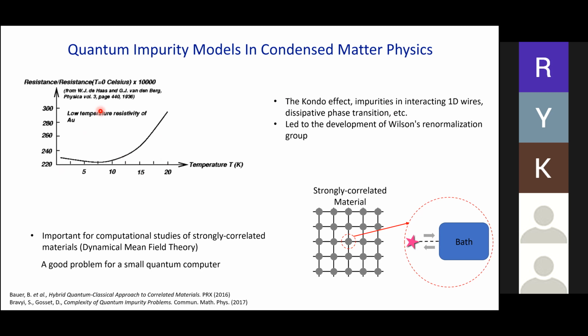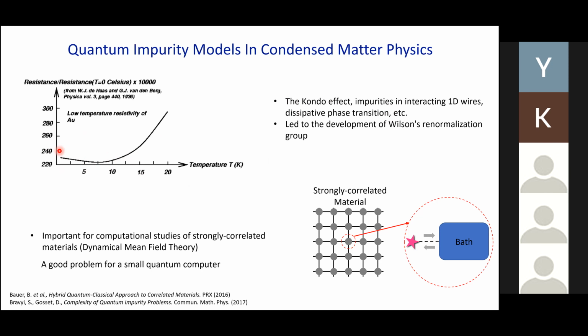This discovery also led to the development of the Wilson renormalization group. As you see, this resistivity grows toward lower temperature, so it's reminiscent of a renormalization flow where some parameter becomes more and more relevant as you go to lower and lower temperature.